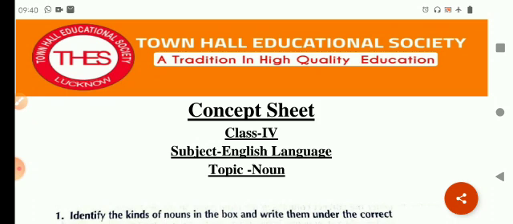Concept sheets are the gist of the chapters that you have already read in your classes. We have taught you, and the things are very clear to you. Suppose today's topic is noun. You all know what is noun. That is why it is given to you in the form of a concept sheet, just to test your knowledge, how much you have gained from the class.